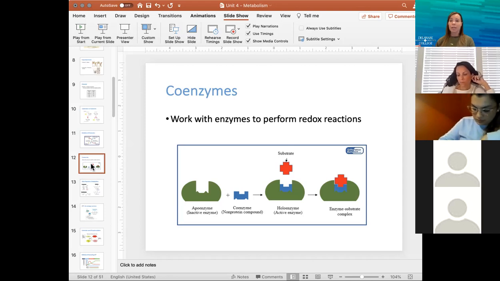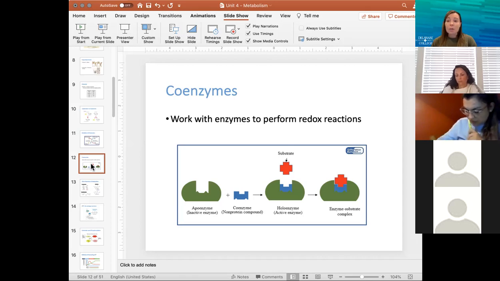You don't need to know the full name, as long as you know NAD. That is its oxidized form when it does not have hydrogen ions and electrons on it. It can be reduced, and if it is reduced, it gains hydrogen ions and electrons. So then it becomes NADH plus H, because now it has those H's, those are the hydrogens.